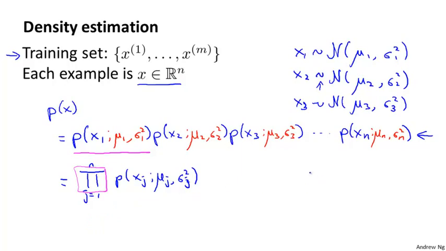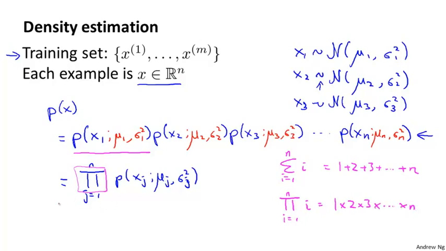And so, you're familiar with the summation notation. If I write sum from i equals 1 through n of i, this means 1 plus 2 plus 3 plus dot dot dot up to n. Whereas this product symbol, product from i equals 1 through n of i, means that it's just like summation, except that we're now multiplying. So this becomes 1 times 2 times 3 times dot dot dot up to n.